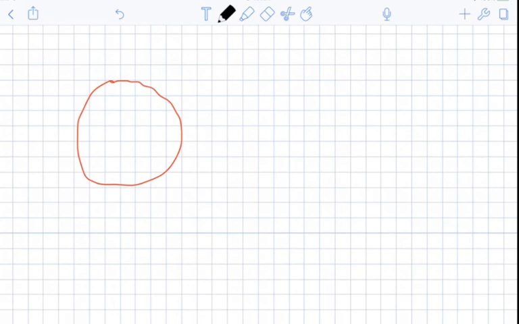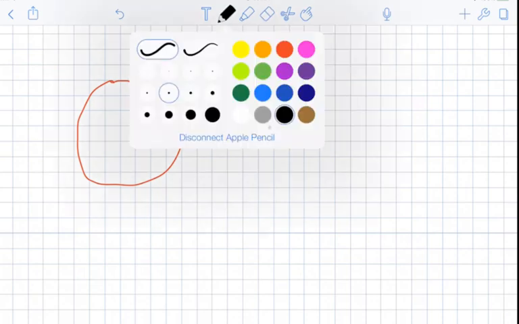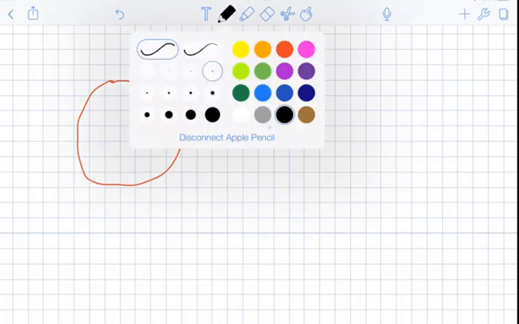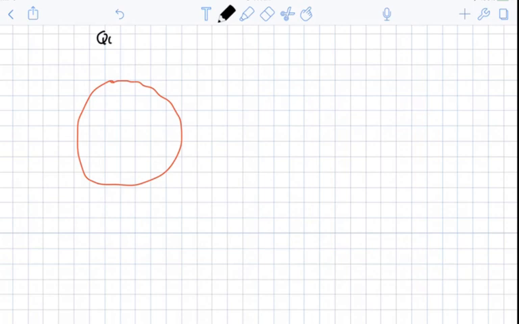Okay, so quadratic. Oh god, that's terrible. That's still pretty bad. Quadratic functions, y is equal to x squared plus 3x minus 7, whatever.